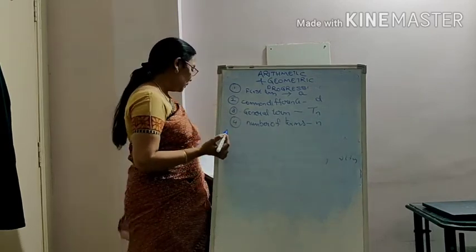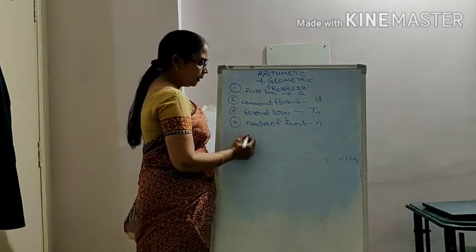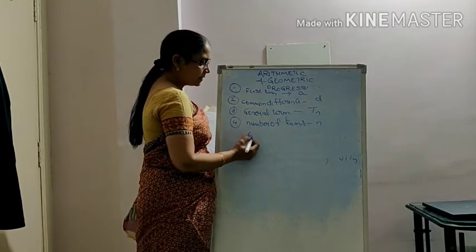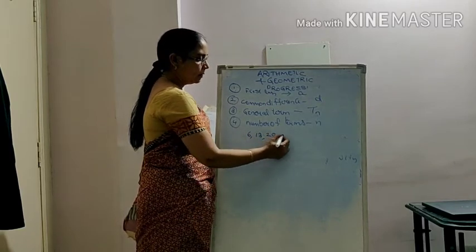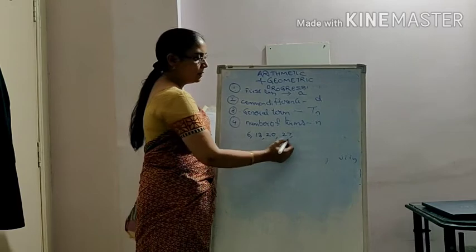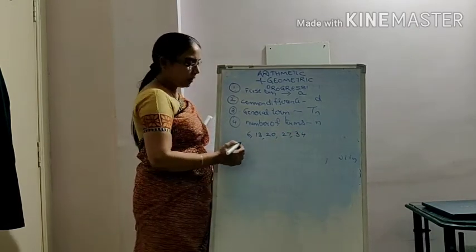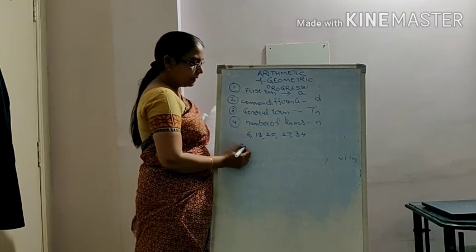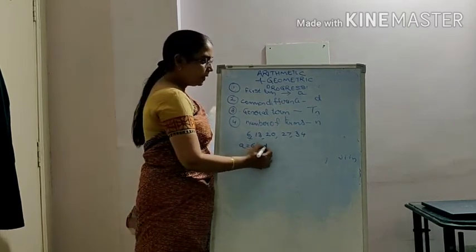For example, if you have numbers like 6, 13, 20, 27, 34, what is the first term in it? This is the first term we are writing, that is 6. What is the common difference?